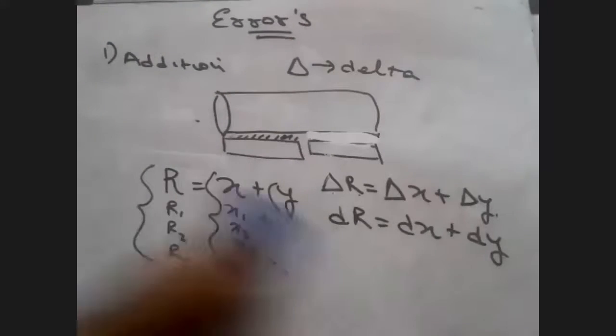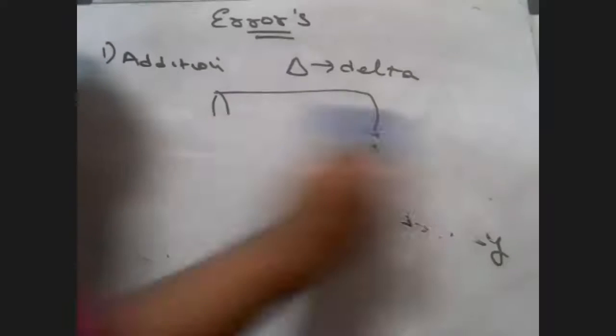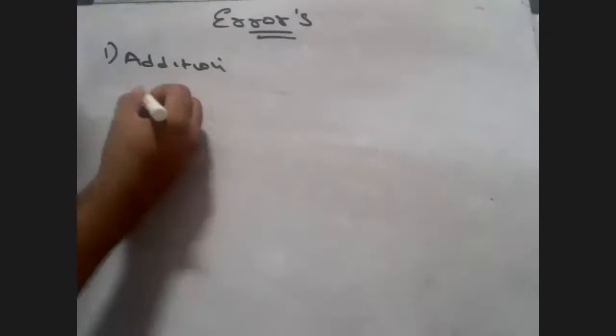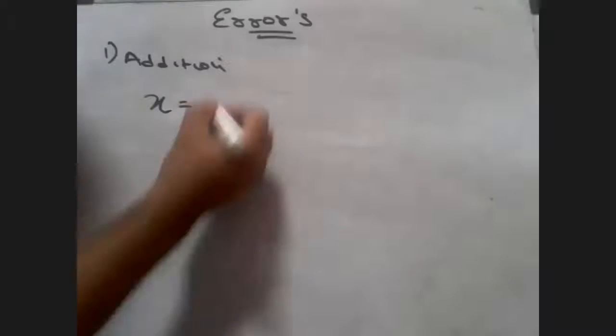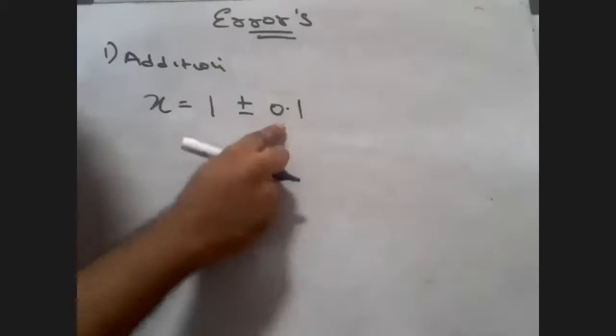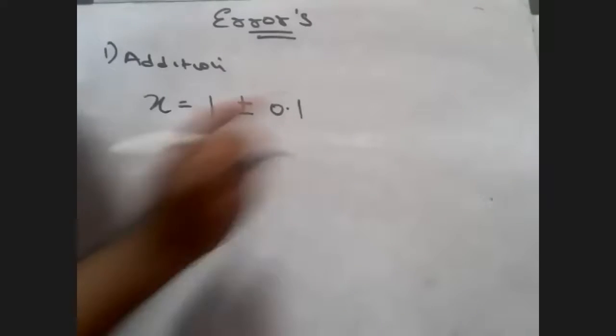Let's say I have an expression wherein x is 1 plus or minus 0.1. Plus or minus 0.1 means this much error I can make.